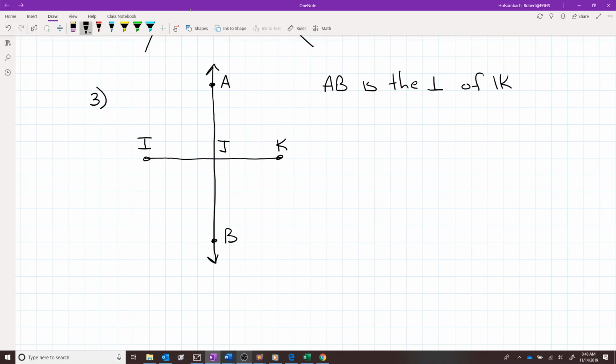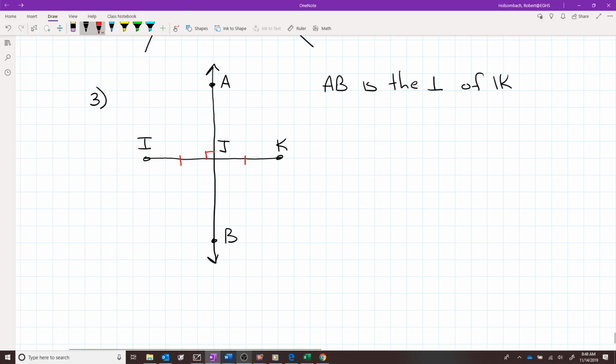Alright, by definition, we said this week that if this is a perpendicular bisector, it splits IK in half. We also said that any point on a perpendicular bisector is an equal distance from the endpoints of the segment.